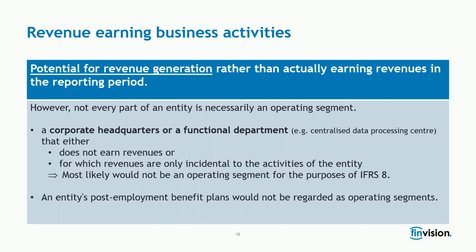Similarly, if there is a post-employment benefit plan, that would not be considered as an operating segment either. You see, for both, triggering point is whether they have the capability or the intention to generate revenues, which is not the case for those two examples I gave, and that's why they're not considered as operating segments in most cases.